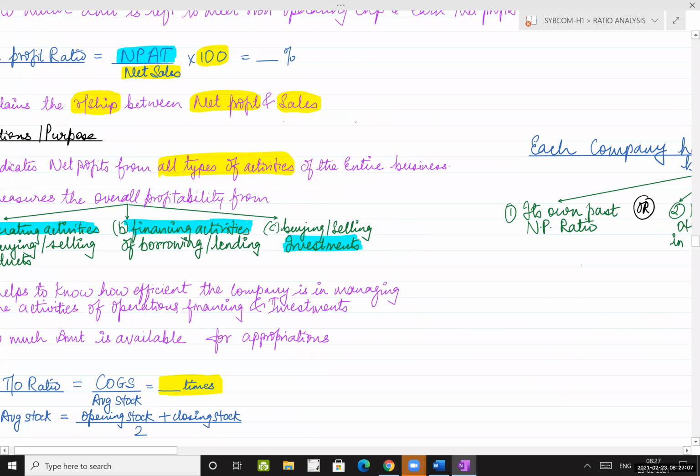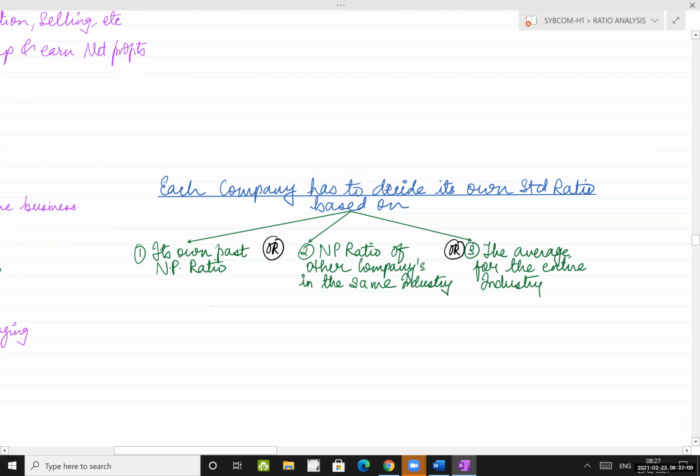Then note down this. Same thing what we did yesterday.